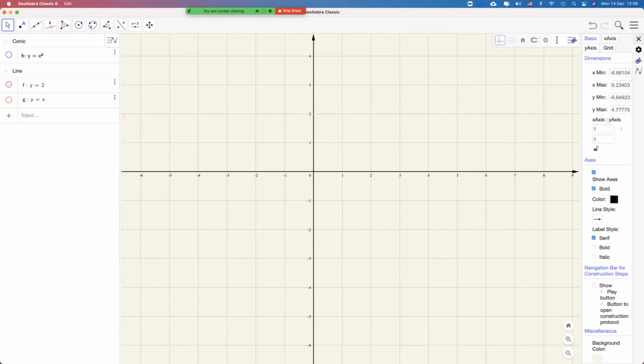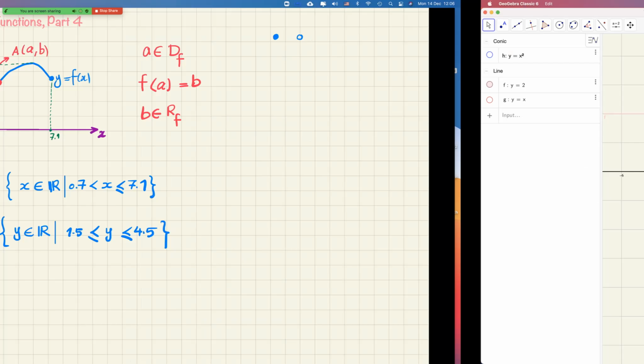Then just by looking at the graph of this function, what do you say about the domain of this function? Perhaps all real numbers. Exactly. And what about the range of this function? It's the same. Wouldn't it only be 2? Exactly. That is only one number.